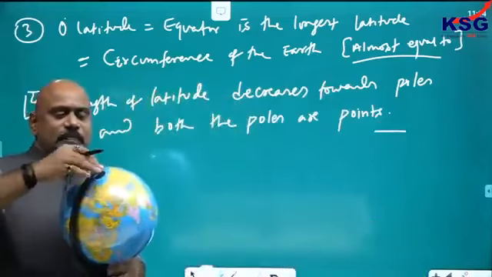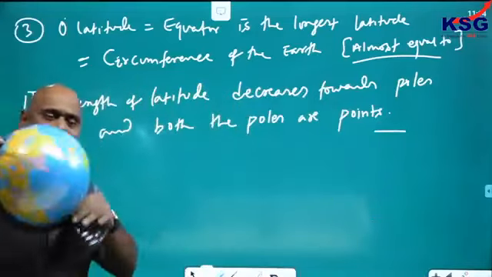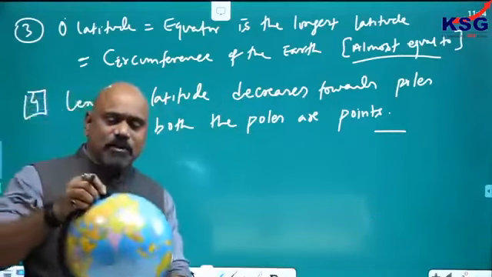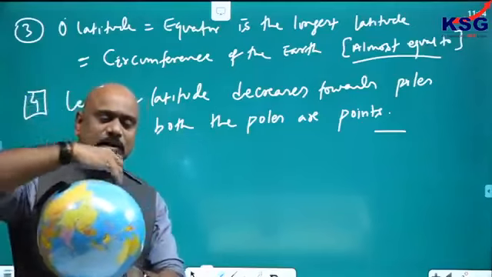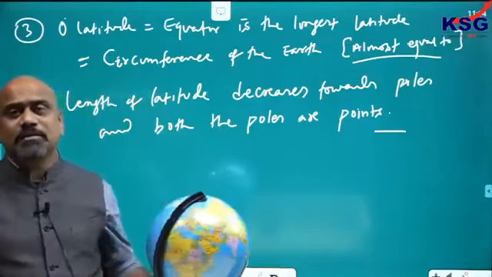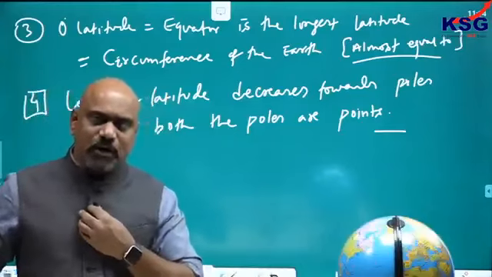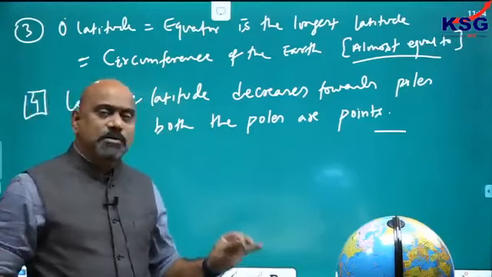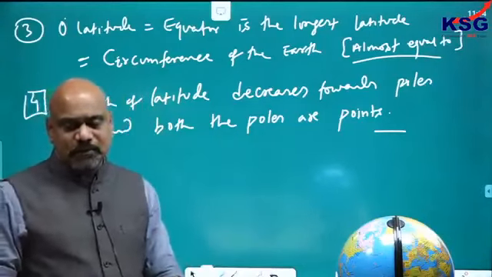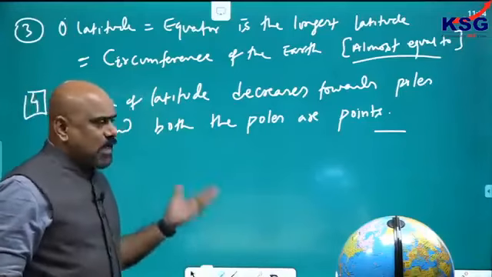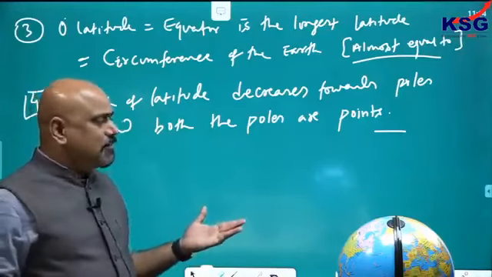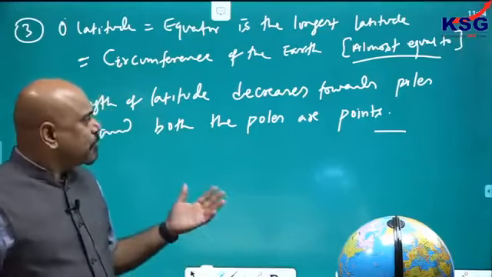Look here, 90 degree north is a point, 90 degree south is a point. Both the poles are points, and the equator is the longest possible latitude, which is almost equal to the circumference of the earth. I hope it is clear.